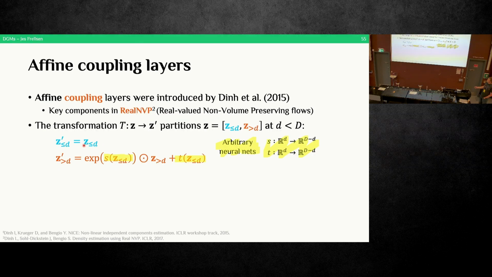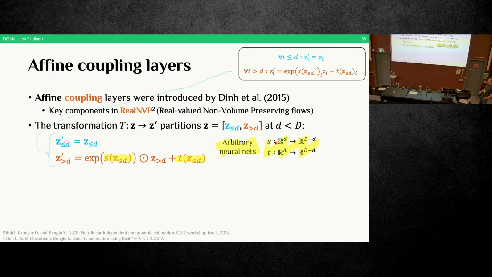So I take this set here, I put it into a neural network, and what I get out of this neural network, I put through the exponential function. That's just to ensure that the scale is non-zero. Then I do element-wise multiplication of the output of this neural network with the remaining z variables. And then I add the translation here, also from an arbitrary neural network. There are no restrictions on these neural networks. They can be any networks, and we still end up with an invertible transformation.